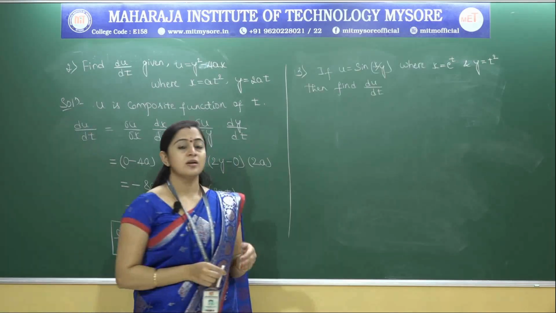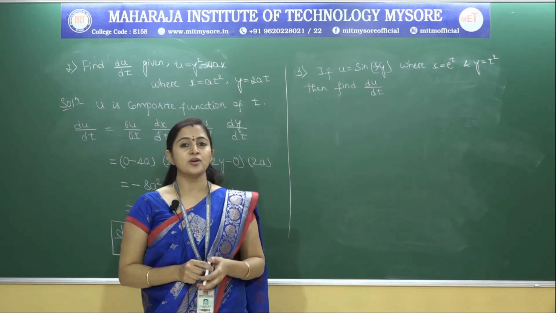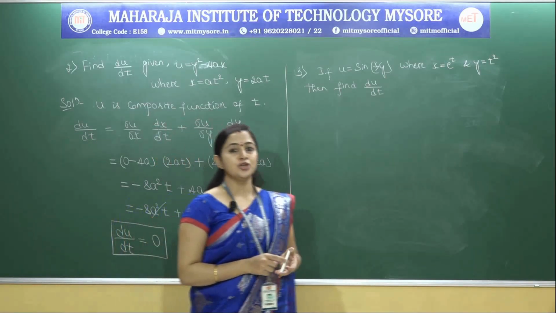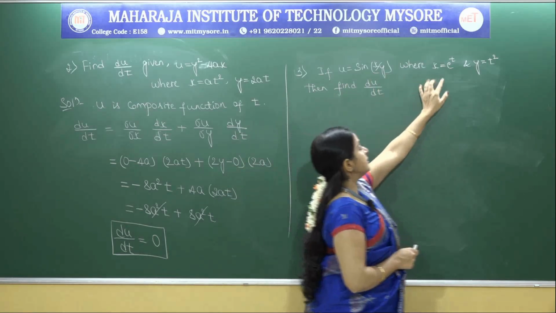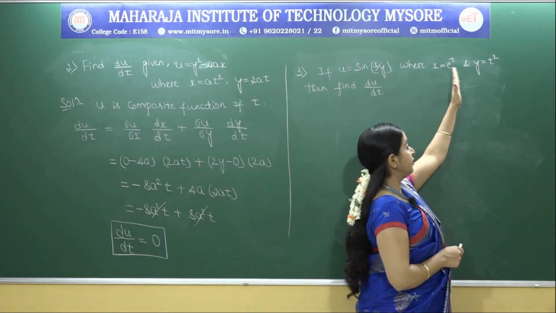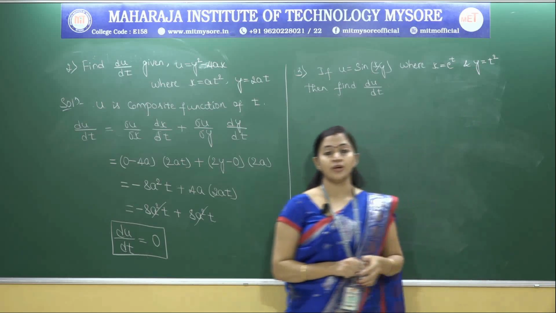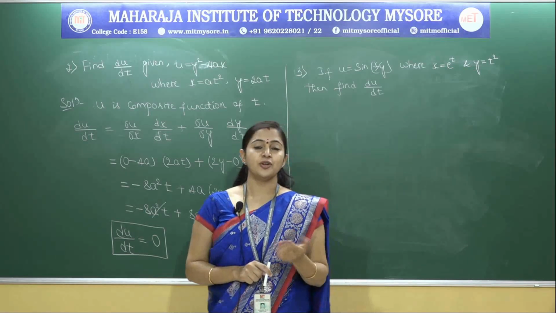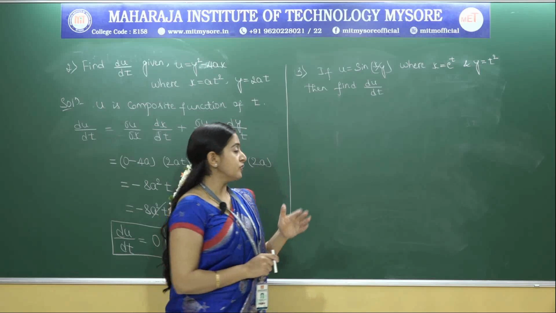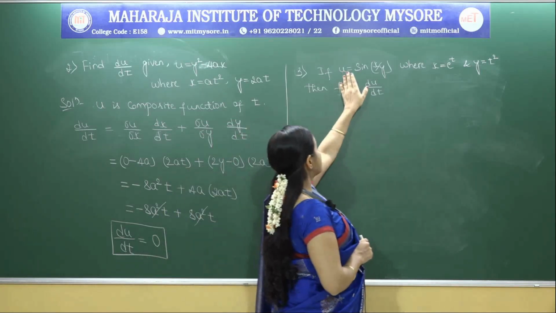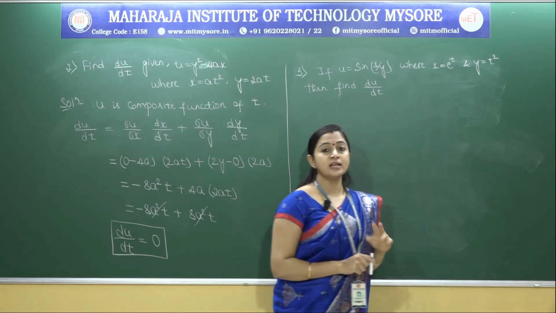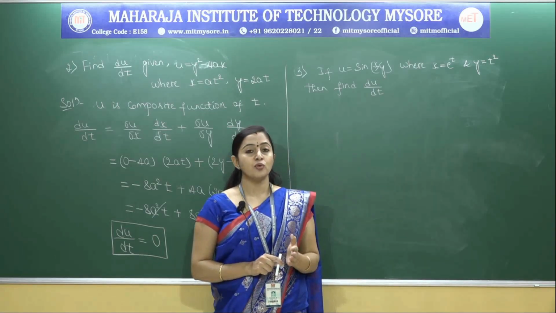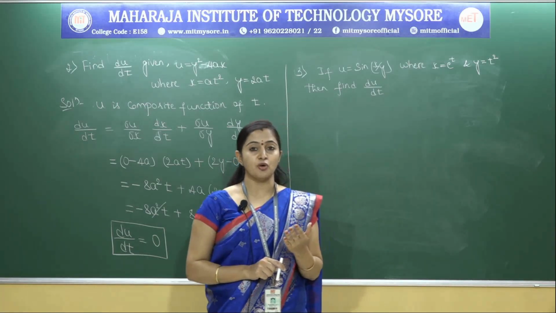That is the problem. In the next problem also, they give the function u equals sin of x by y, where x equals e power t, an exponential, and y equals t square, a polynomial. You have to find du divided by dt. So here, first see the terms: u is a function of the two variables x and y, which depend on the single variable t, therefore u is a composite function of t.